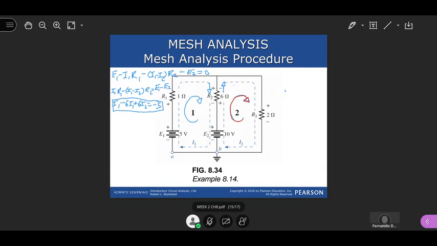And let's see what I get. So this is going to be E2 minus a current times what? R2.